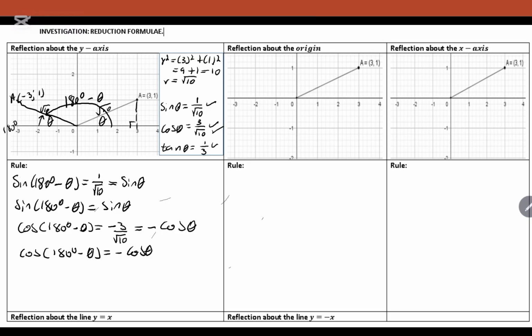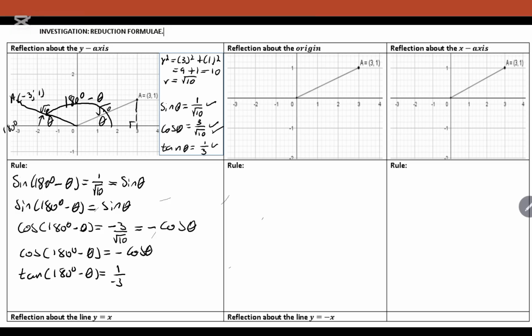And the last one, we have tan theta. So tan theta is equal to 1 over 3. But what is tan of 180 minus theta? This is tan of 180 degrees minus theta, which is equal to 1 over negative 3, so that is negative 1 over 3.